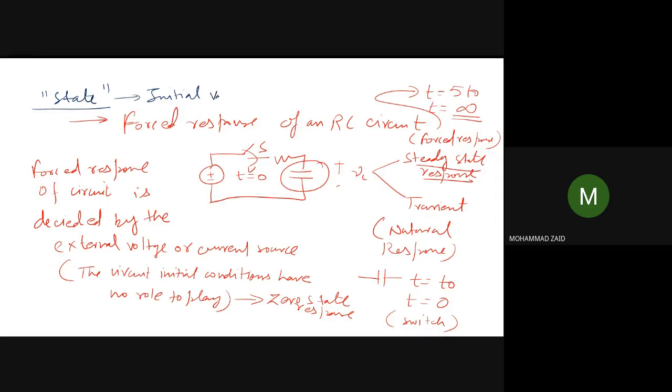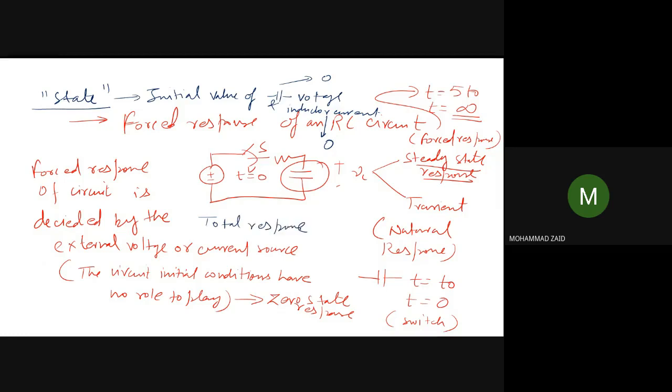That is the initial value of capacitor voltage and inductor current. Even if it is zero, you should know that it is zero. That is important. If you don't know the state of the system, you cannot determine the total response of the system.